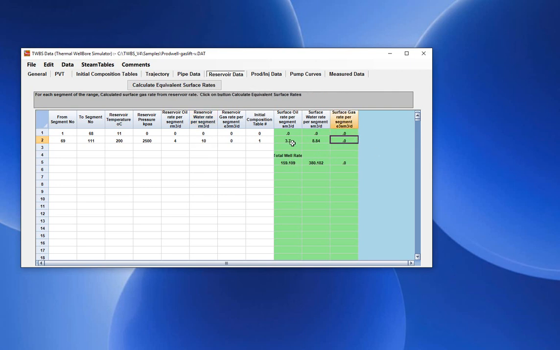And the total well rate from the number of segments open will be this rate, and that will be the surface water rate. These columns are in green. They are computed by the program using the PVT properties and the reservoir rates.